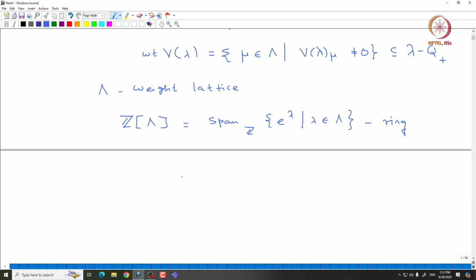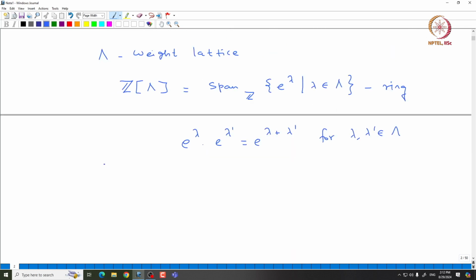One can define e power lambda times e power lambda dash to be e power lambda plus lambda dash for lambda, lambda dash in lambda, and you can extend this linearly and then define multiplication in this ring Z bracket lambda. But to work with these characters comfortably, we are going to slightly change our ring. Instead of working over Z, one can also work over Q. So, we are going to take Q bracket lambda.